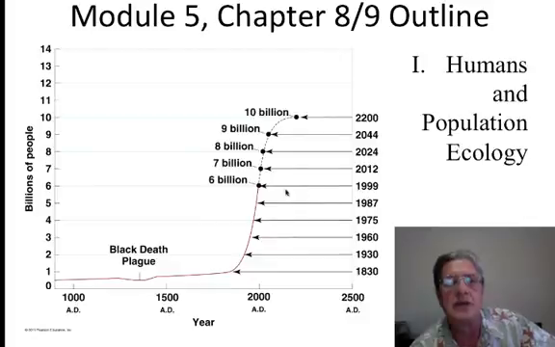And consequently, we don't stay on a J-curve trajectory, but it begins to curve off at the top and level off at what would be the human carrying population, which in this curve is estimated at about 10 billion.